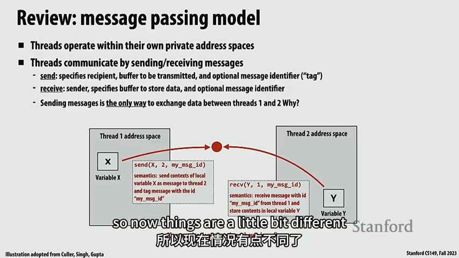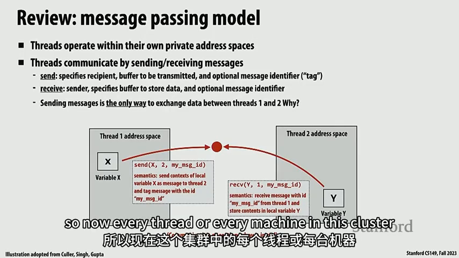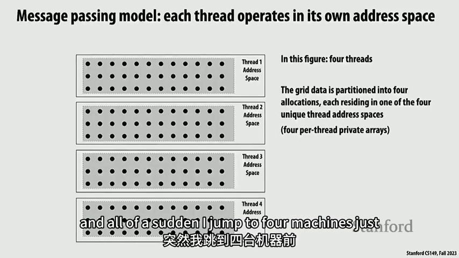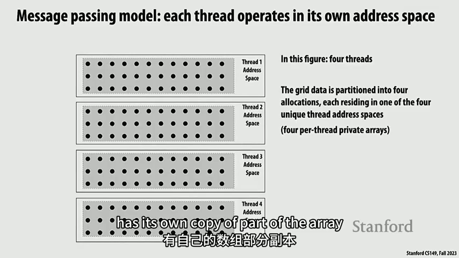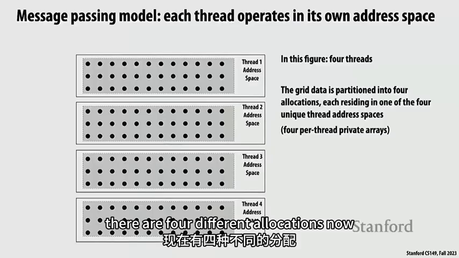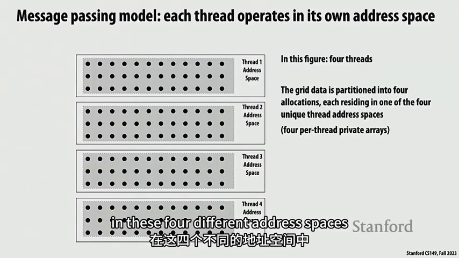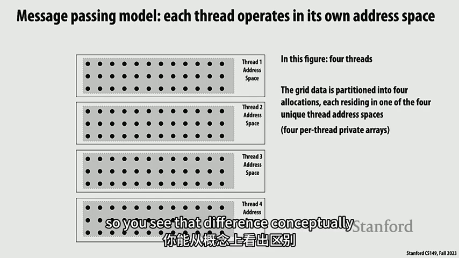Now things are a little bit different. We don't have a shared address space. So now every thread or every machine in this cluster, and all of a sudden I jump to 4 machines just to make it a little bit easier, has its own copy of part of the array. There are 4 different allocations in these 4 different address spaces that hold the data that each worker is responsible for. So you see that difference conceptually?